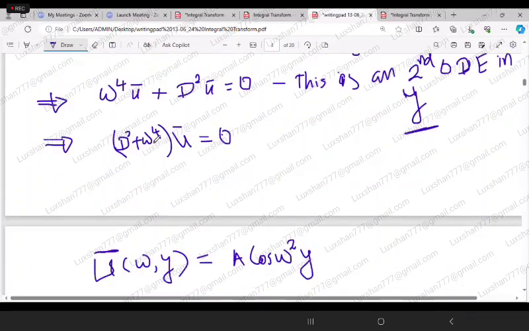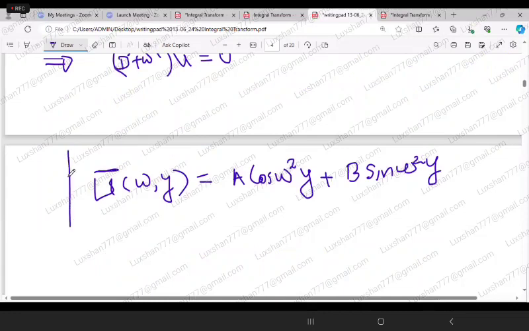Why am I putting omega squared? Because I have omega to the power 4. Plus b sin omega squared y. So now I have got this. Now I want to find out the value of a and b.